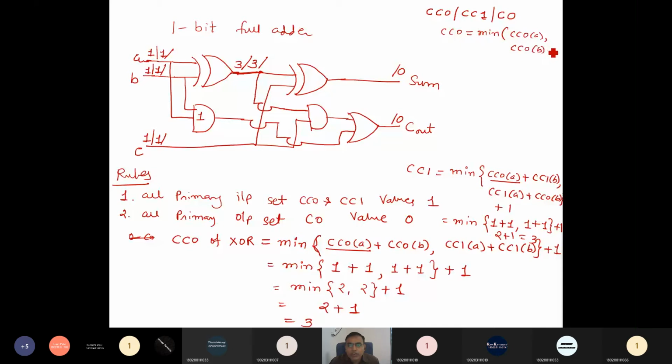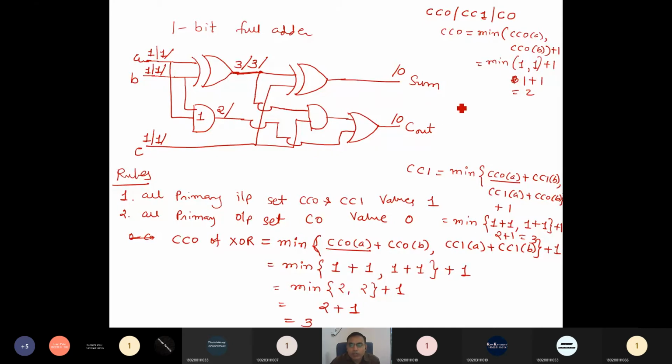In both cases we get the output equal to 0. So minimum of CC0A, CC0B. CC0A is 1, CC0B is also 1, plus 1, so it is equal to 2. So the CC0 value of the output of the AND gate is 2.